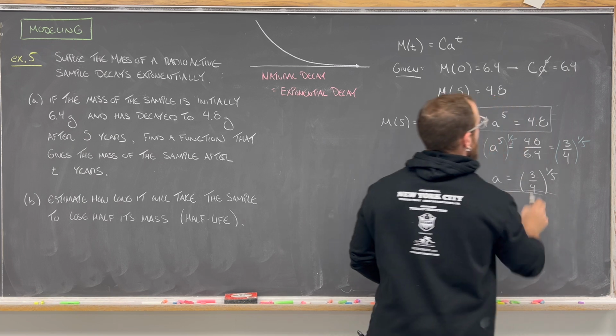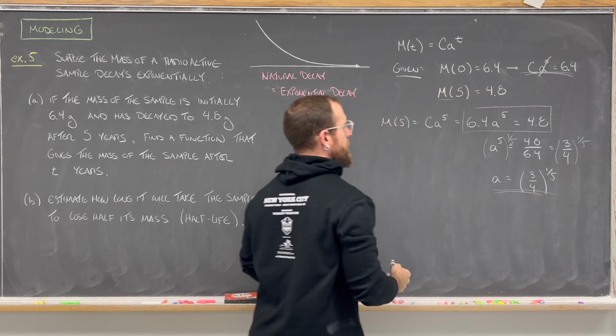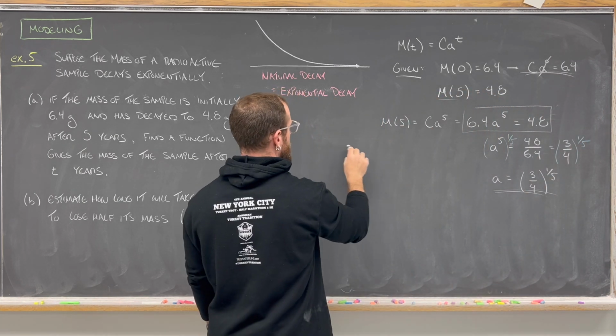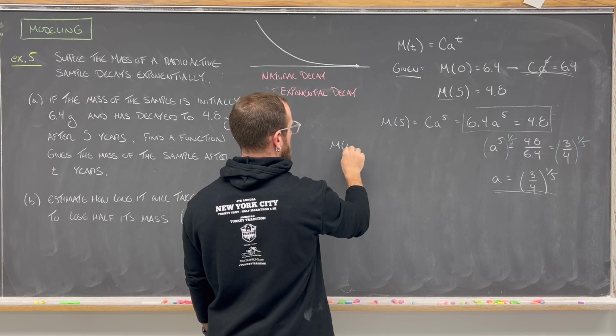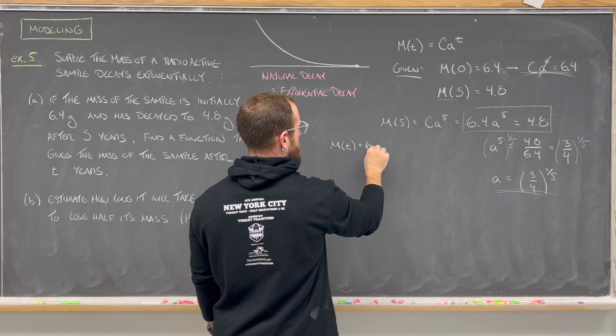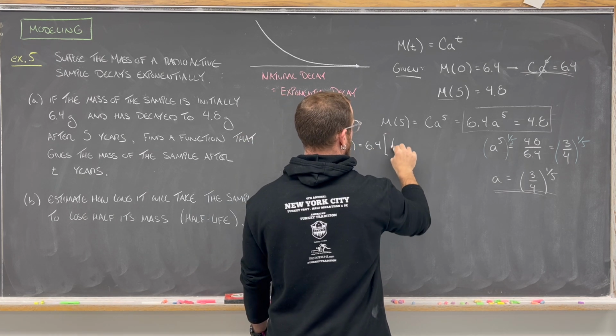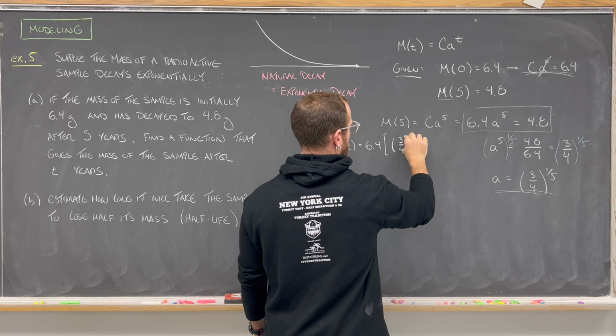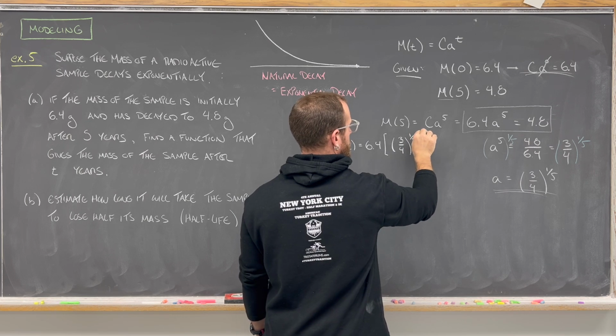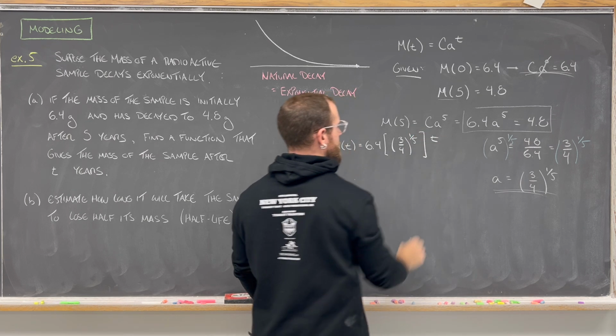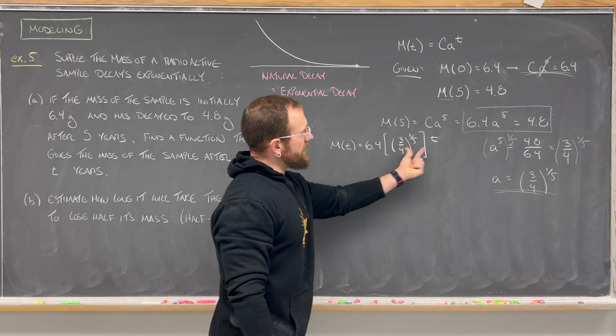Now I know what c is and I know what a is, so I'll write it down. I'll say that the mass at time t is 6.4 times 3/4 to the power 1/5, to the t. That's c times a to the t.